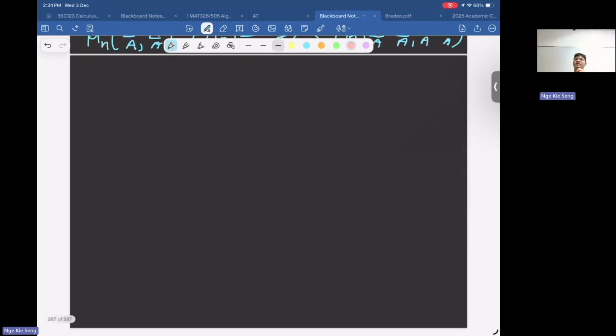Alright. So before we continue, have we introduced mapping cone last time? 我们有讨论过还是没有？CW complex 我没有介绍过。OK, never mind.